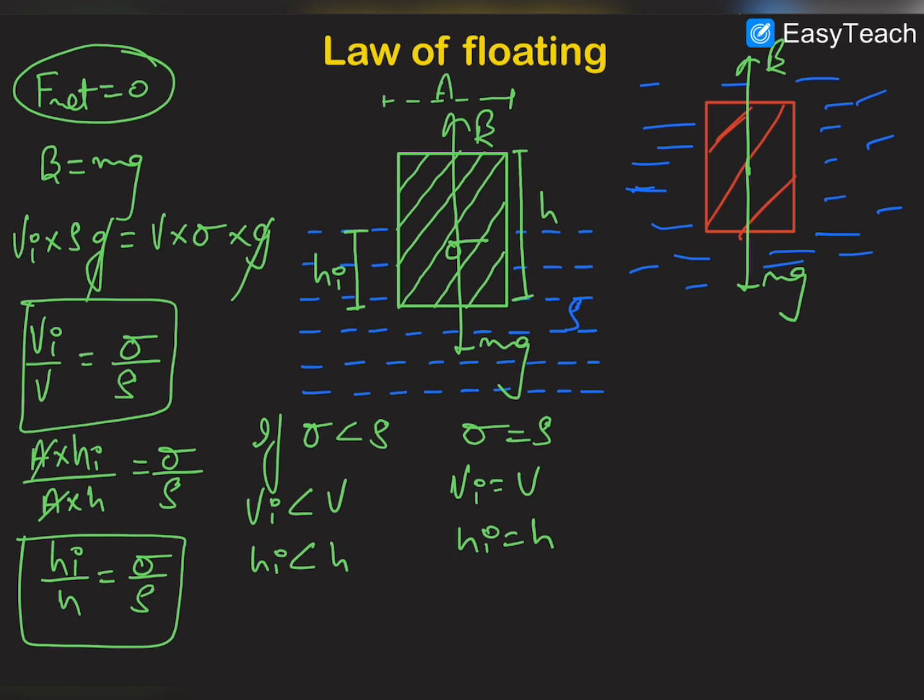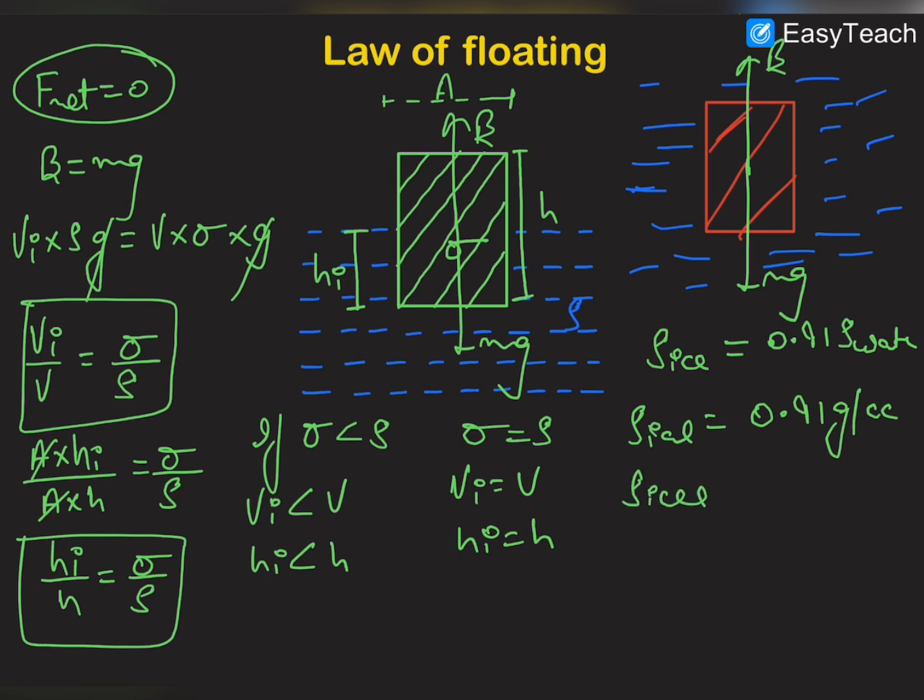We know that the density of ice is equal to 0.91 times the density of water, which means that if the density of water is 1 gram per cc, the density of ice would be 0.91 gram per cc. This is a 9% difference, so the density of ice is 91% of the density of water.